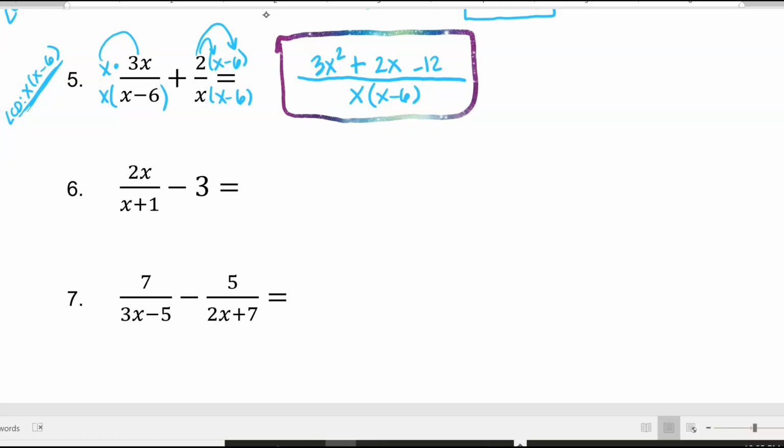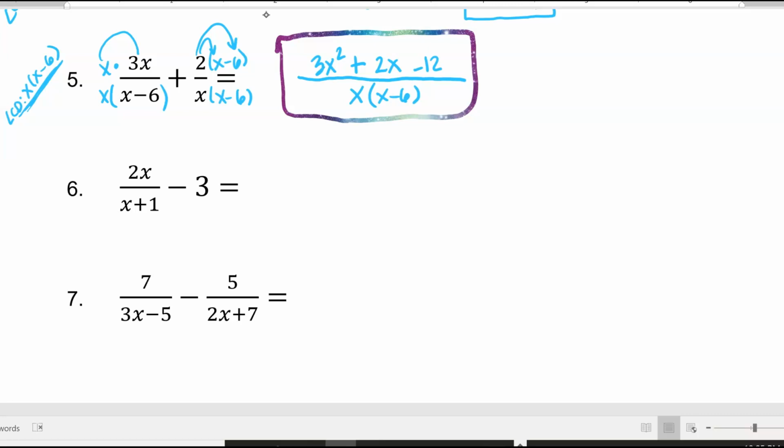Now, if it was factorable and one of the factors was x minus 6, then you would have to cancel out that x minus 6 factor with the x minus 6 in the denominator, for example. So it is important that you try to factor, and if you can't, you can't. But if you can, you do need to attempt it to ensure that you have the most simplified answer.